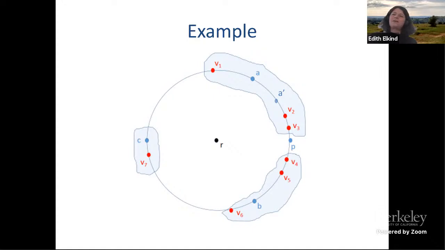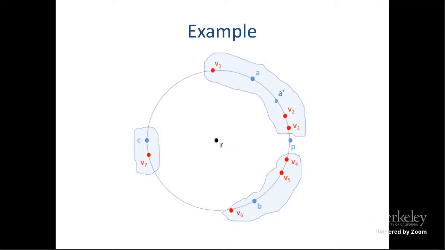Can we possibly have a coalition of size 4 here? What's your sense of things? Can anyone identify a proposal that could be supported by 4 agents? P. P, good.